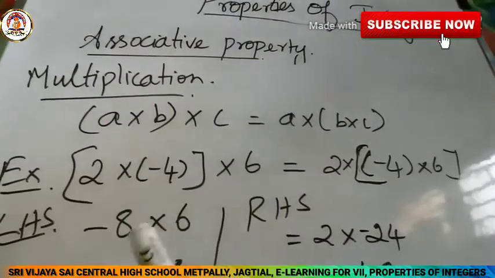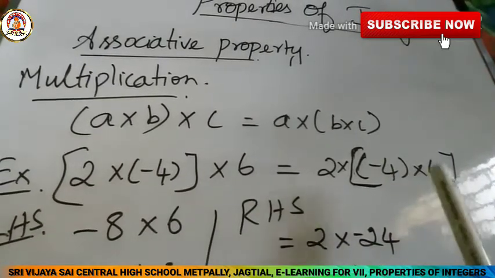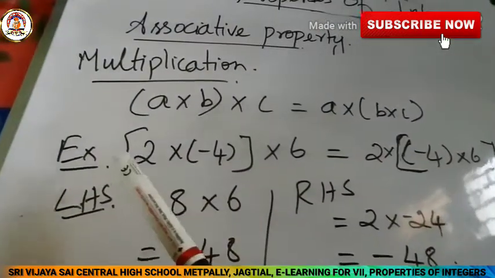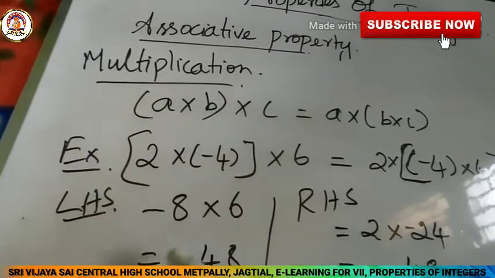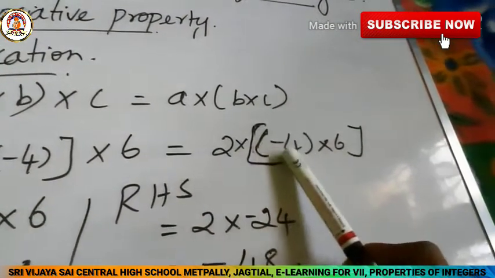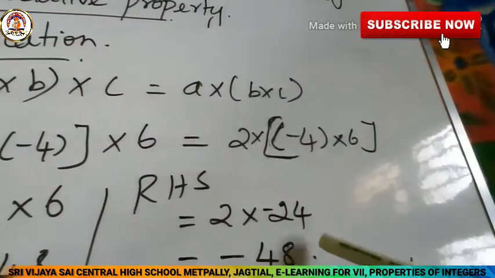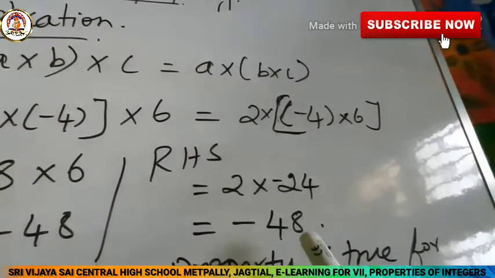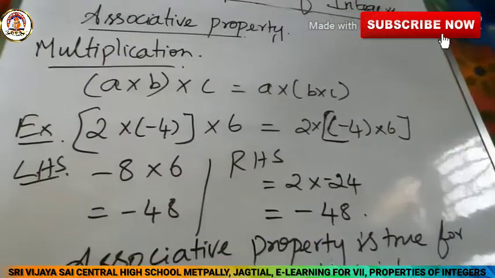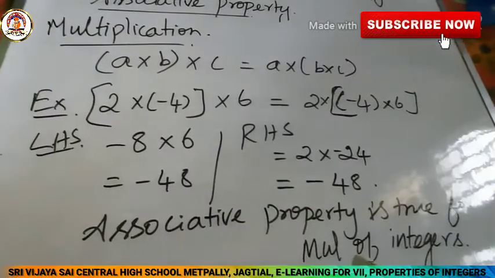The example is 2 cross -4, multiplied by 6, equal to the same with the bracket changed. First, multiplying -4 and 2 gives -8, and multiplying by 6 gives -48. On the other side, multiplying -4 and 6 gives -24, and multiplying by 2 gives -48. Both sides are -48, so the associative property is true for the multiplication of integers.